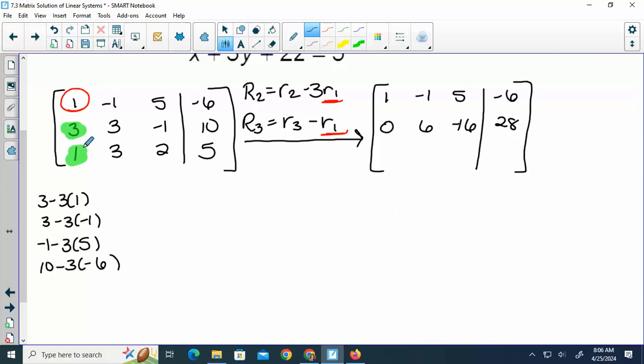All right, then row 3 minus row 1, so 1 minus 1 is 0. 3 minus negative 1, 2 minus 5, and 5 minus negative 6.